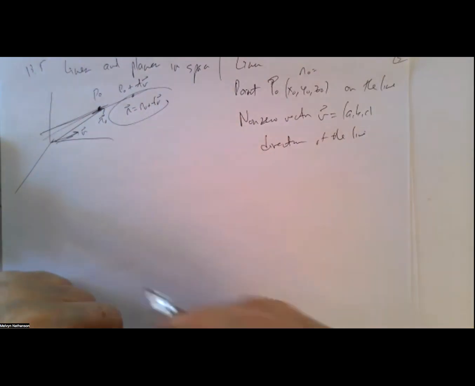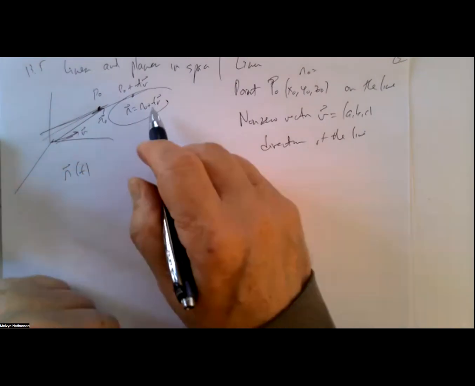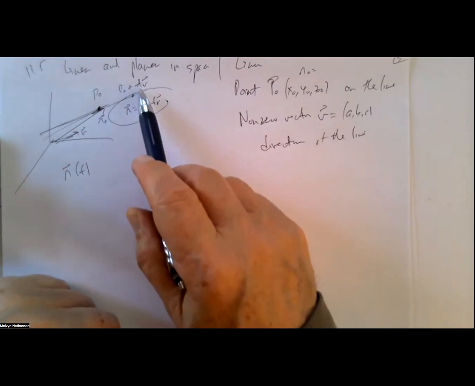And if we write that in coordinates, what is the point corresponding to this scalar t? We often think of the scalar t as time.